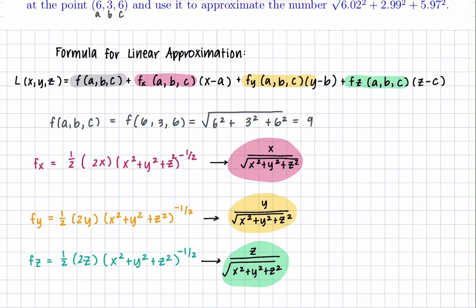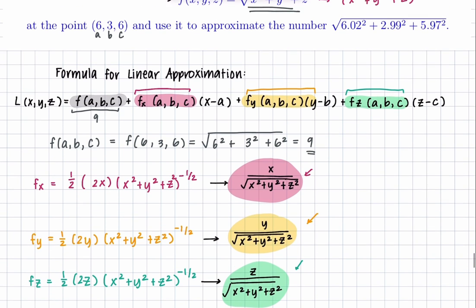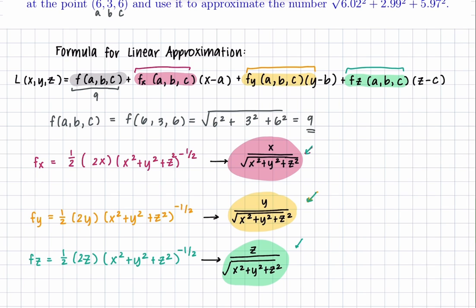Going back to our formula, we know that this number right here should be 9. And all the partial derivatives are below. To obtain a number though, I'm going to have to plug in the point 6, 3, 6 into each one of these expressions to get a value for the partial derivatives.